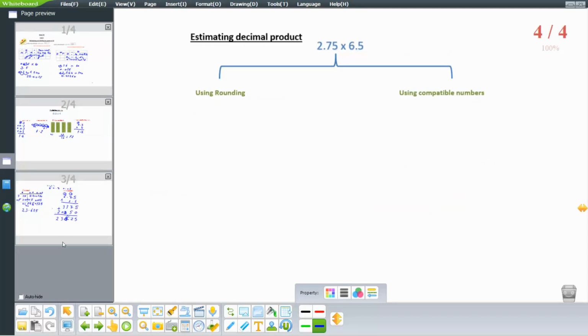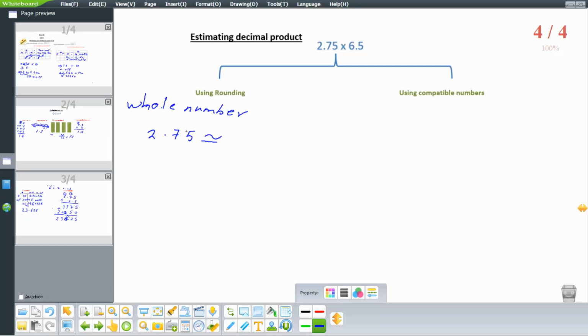Okay, estimating decimal product: 2.75 times 6.5. Here we have two methods. If I want to estimate, we have two methods. One of them is using rounding. Here we are going to use the rounding to the nearest whole number. So 2.75 to the nearest whole number.